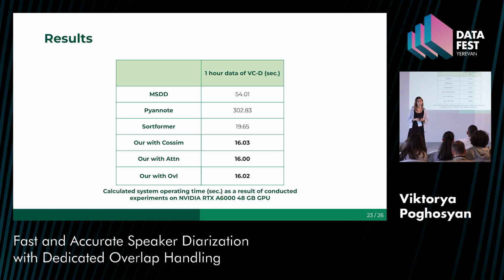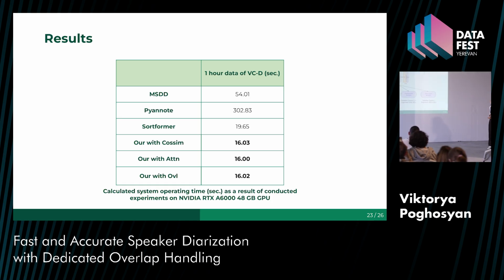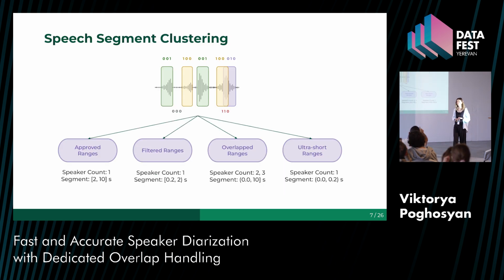Also, if you go to one of the first slides, I didn't get the different segments, how you come up with these different segments. The very first slides where you classified the signals as different types of segments, like short segment, approved ranges, filtered ranges, or whatever?